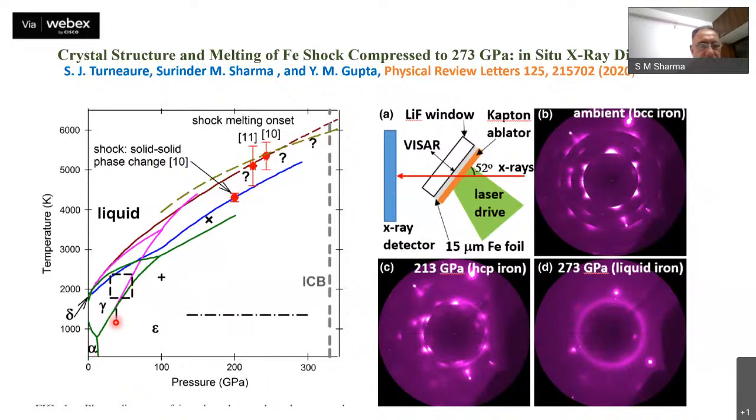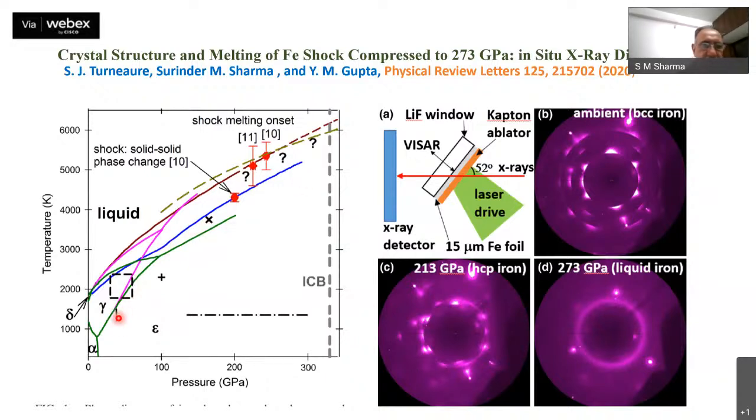Static high pressure work has also claimed observations of various other phases, such as the double hexagonal close-packed phase indicated here, also claimed to have been observed over a very large range, or an orthorhombic phase, and several other phases indicated by this cross, which is again a kind of orthorhombic phase.